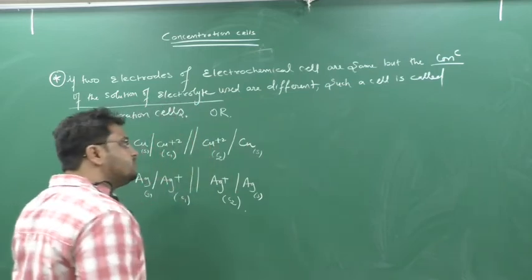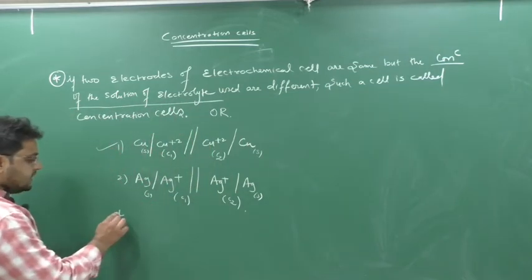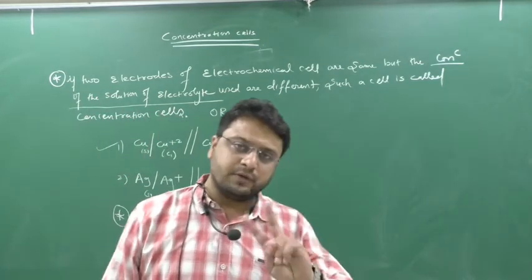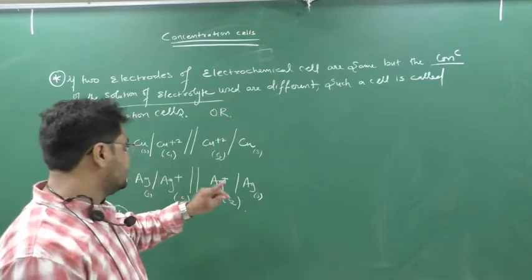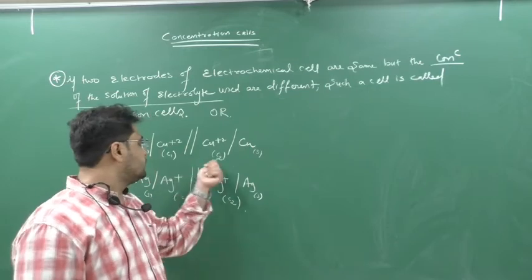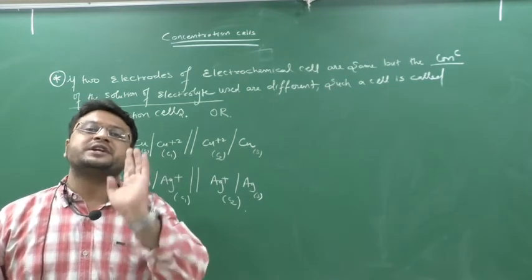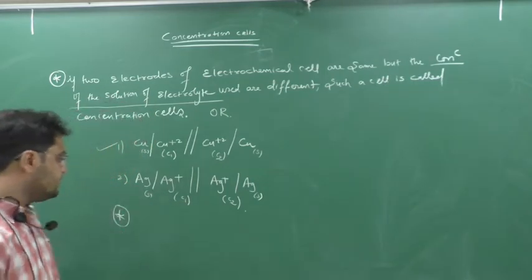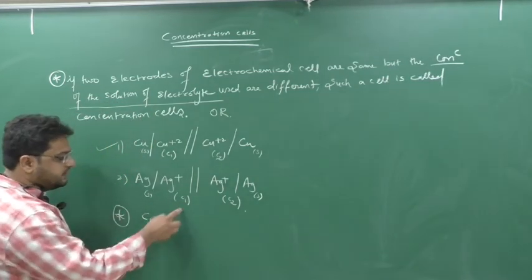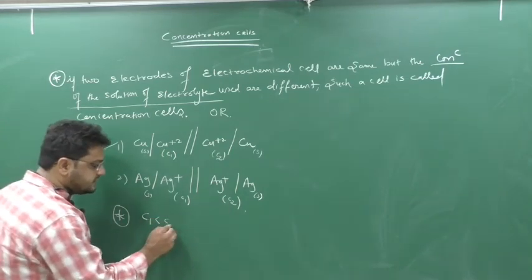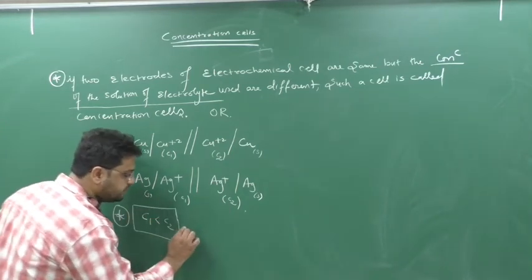There is an MCQ, please remember: the solution which has the higher concentration should always be written on the RHS side. Here, if it is C1 and here C2, always C1 will be less than C2. This is the most important MCQ.